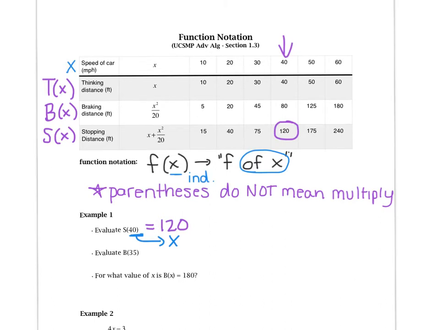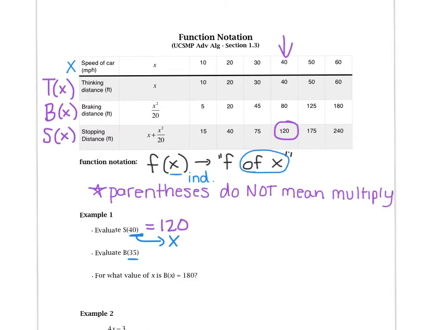So in this next one, b of 35, you'll notice 35 is not a value that shows up in our table. It's going to be somewhere in between, we know, but we don't know the exact value. So instead of using the table, I'm going to be focused on these equations. I want function b, that's my braking distance, and I'm plugging 35 in for x.